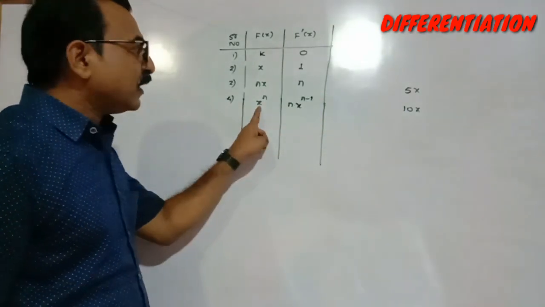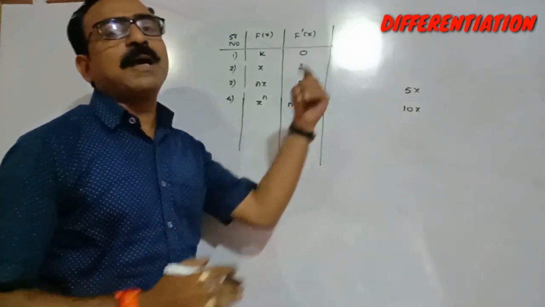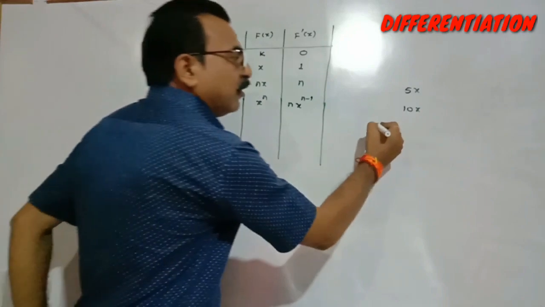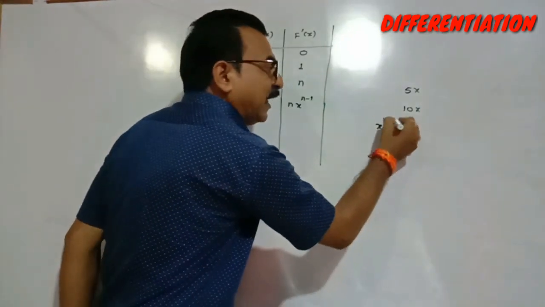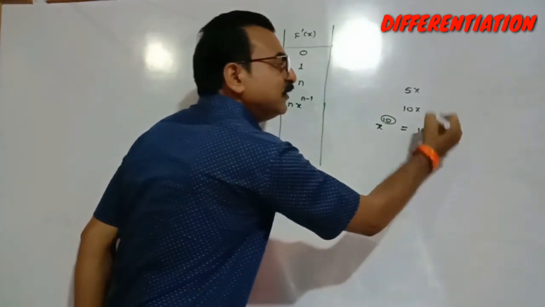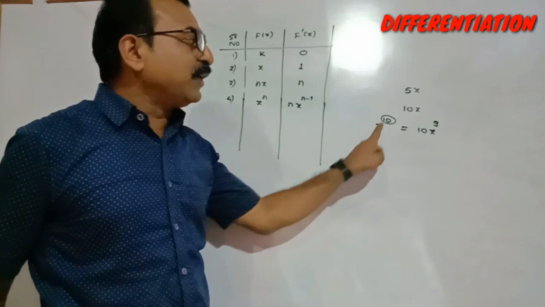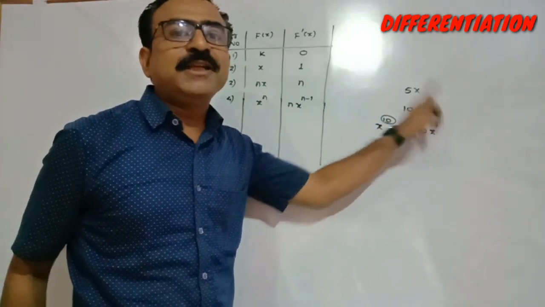Okay? The derivative of x raised to power n is n x raised to power n minus 1. Then what is the derivative of x raised to power 10? Take this power 10 as a coefficient and reduce the power by 1, meaning 9. So the derivative of x raised to power 10 is 10 times x raised to power 9.